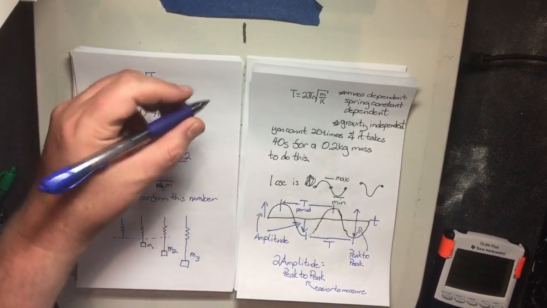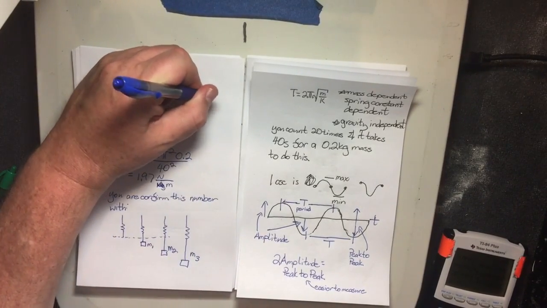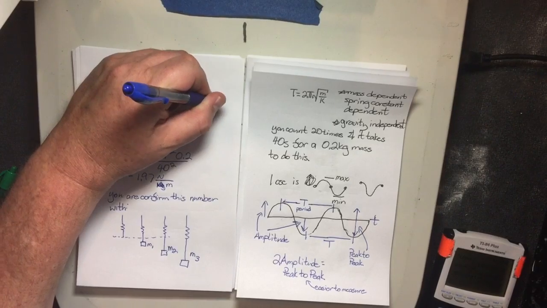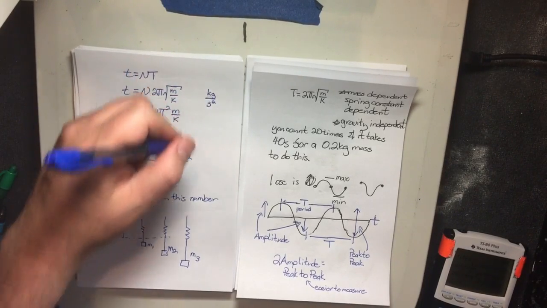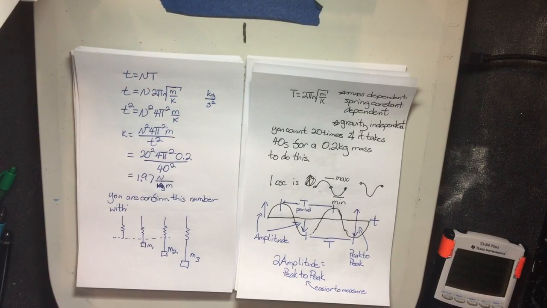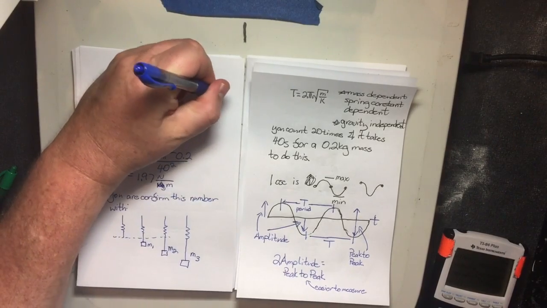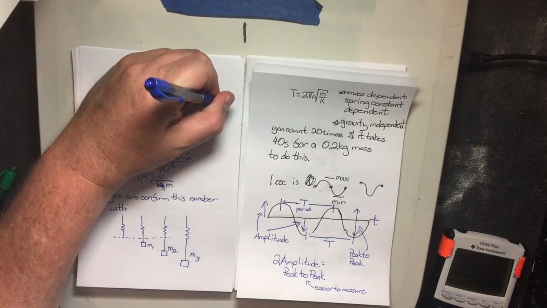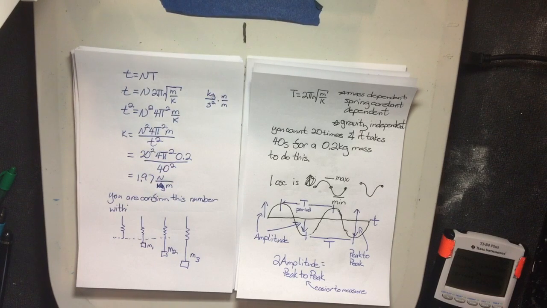But what we have here, watch and learn. There is an imaginary meter over meter. The problem would be, this is not a problem, an assignment: show that kilograms per second squared is newtons per meter.